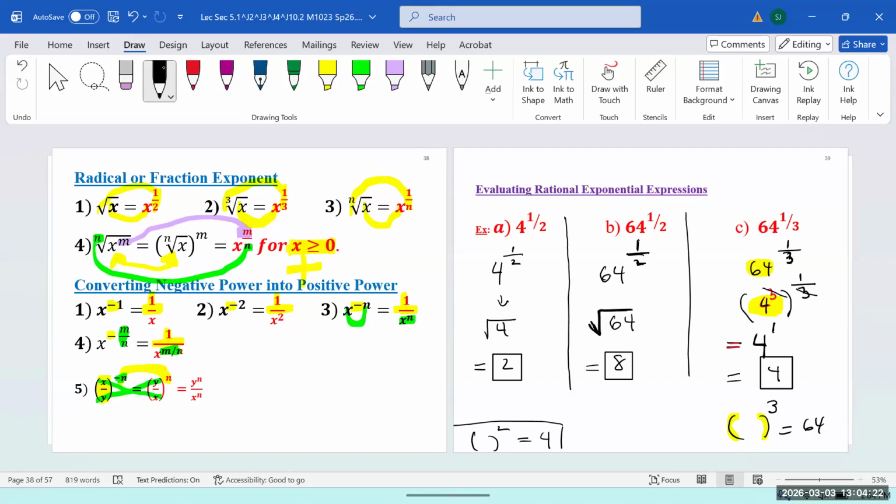So if you already know this from before, or you can figure this out in your brain, you don't have to show any of this work. From here, you can simply give me the answer 4, just like this. 64 to the 1/2 means 8. 4 to the 1/2 means 2. So if your brain can work this out inside your head, no problem. You don't need to show any work.